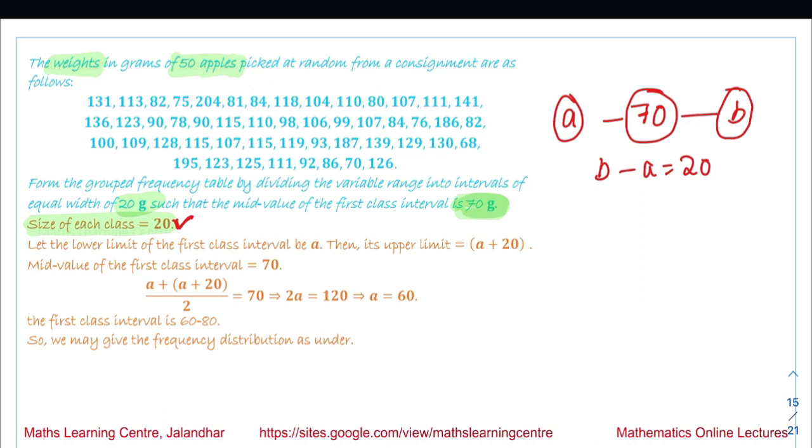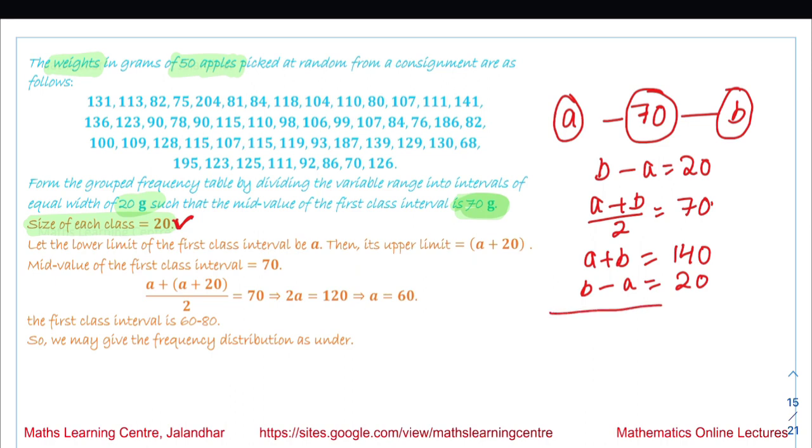20 and (A plus B) by 2 is 70. So what we get is A plus B is equal to 140 and B minus A is equal to 20. If we add these two equations, we get 2B is equal to 160.